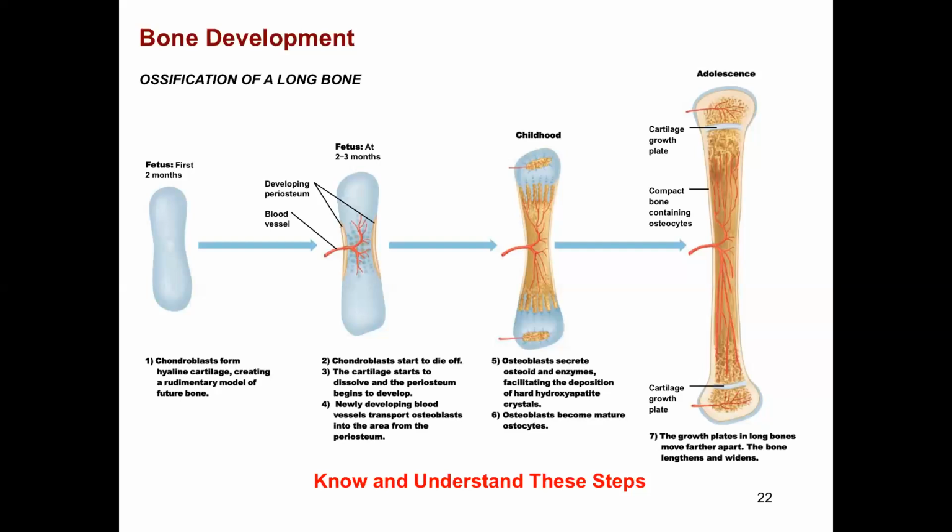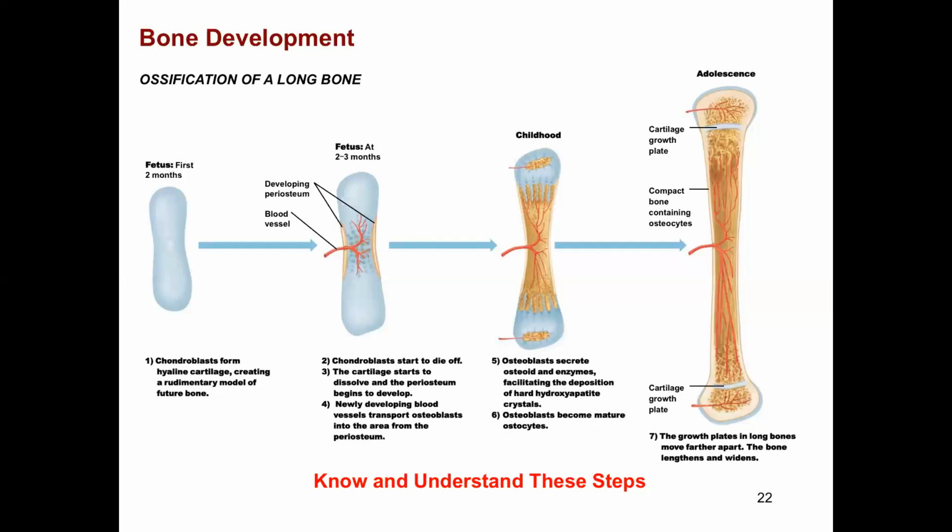These blood vessels come in, and when they do, they bring with them the osteoblasts. These osteoblasts secrete a matrix, basically a scaffold, called osteoid, which is largely made out of collagen.